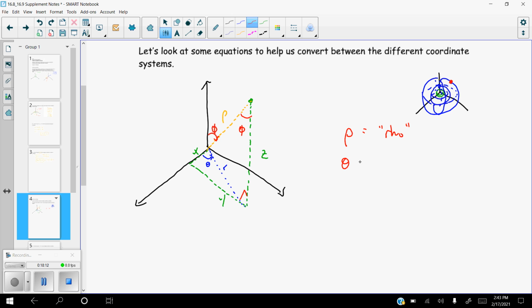Theta, which is the angle made with the positive x-axis and r, and then phi, which is the angle made with the positive z-axis and rho.